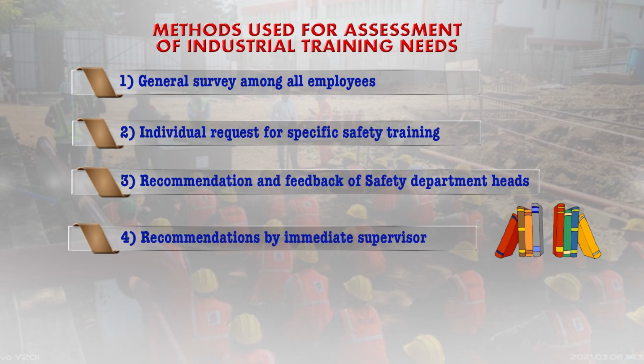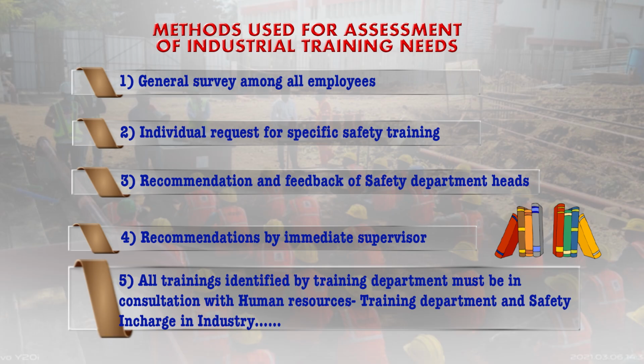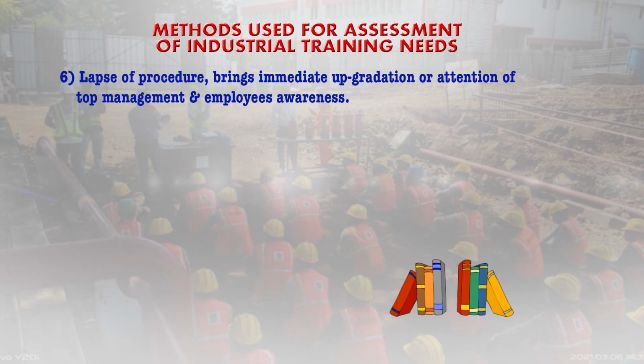There can be recommendation by the immediate supervisor. All trainings identified by the training department must be in consultation with the human resources, because they do maintain a training register as well within the organization. There can be other methods for assessment, say lapse of procedures.